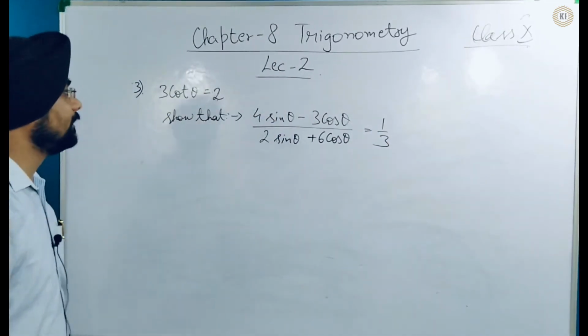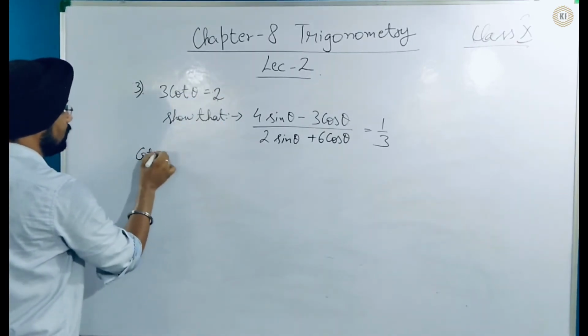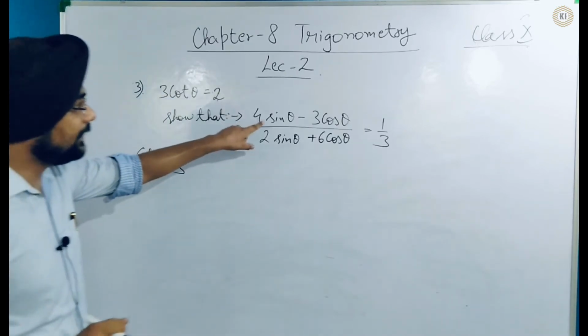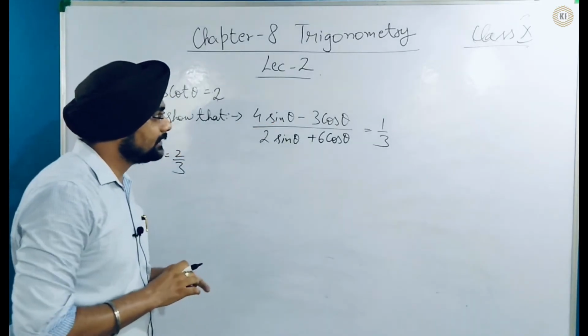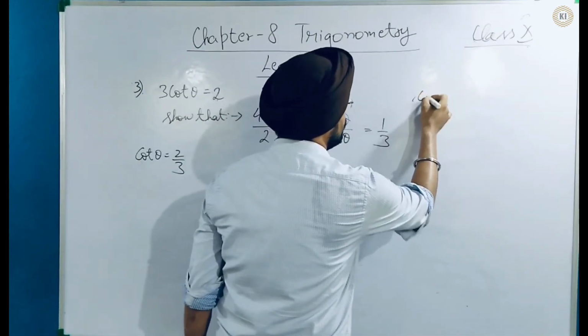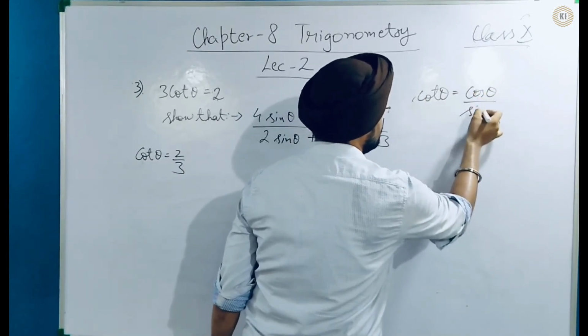Now what we can do here: the value of 3 cot theta is equal to 2, so cot theta is equal to 2 by 3. Now see, we divide numerator and denominator by sin theta. Why are we dividing? Because we know cot theta is equal to cos theta upon sin theta.